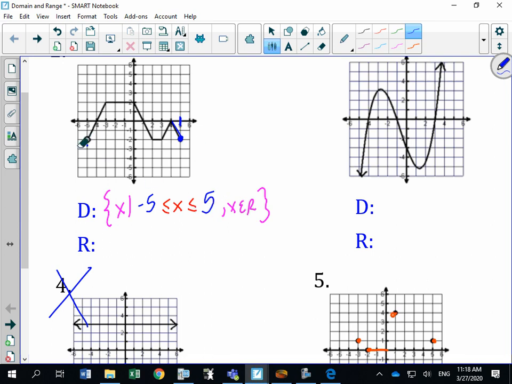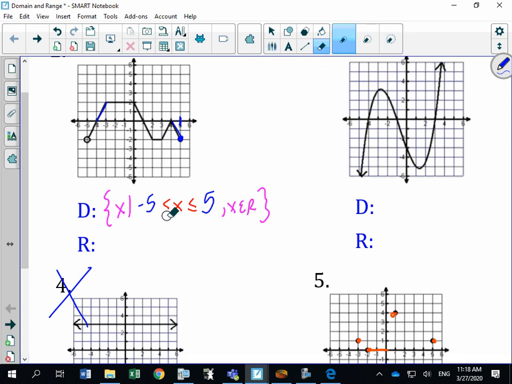This open dot means my graph is going to approach -5, but it doesn't actually touch it, right? If it was a closed dot, it would touch -5 right there, but this open dot means it doesn't actually touch -5. My graph approaches -5, so it could be like -4.9, but it doesn't actually equal -5.